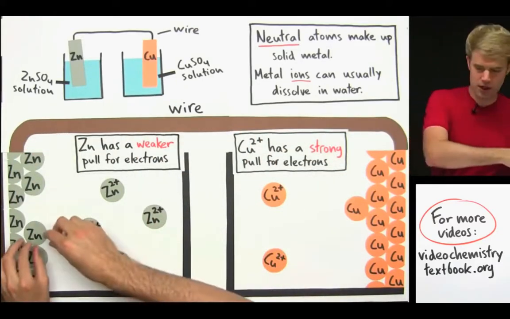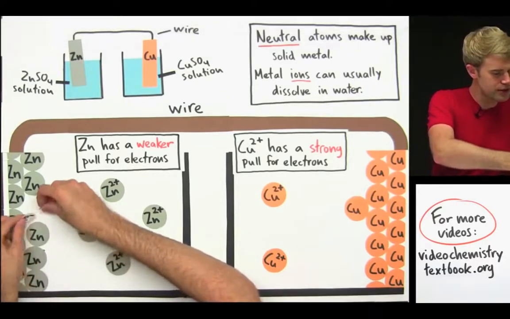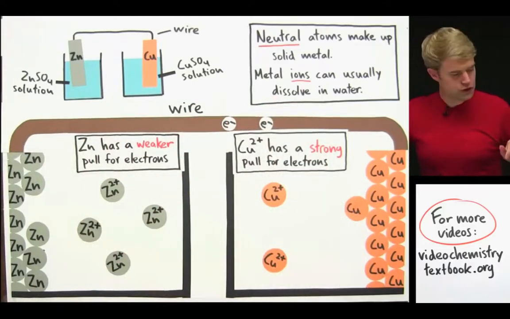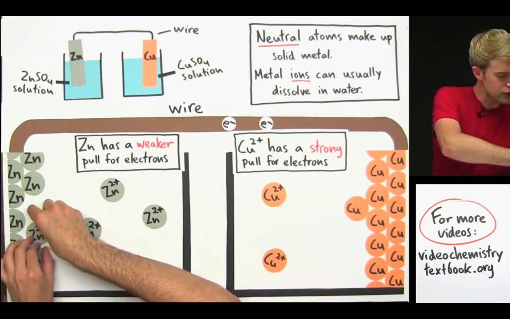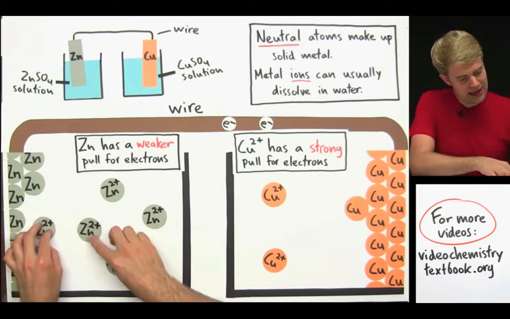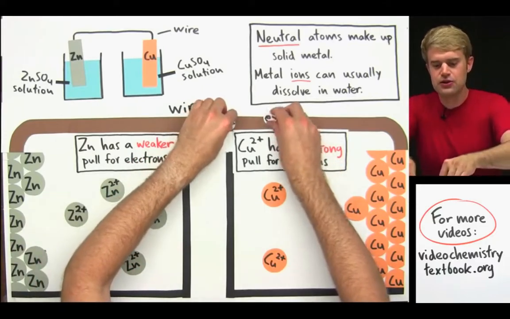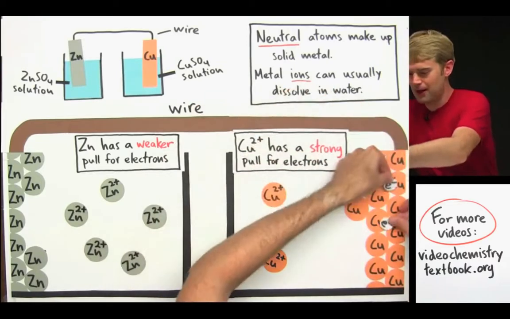Let's see that one more time. So zinc loses two of its electrons here. Those move through the wire. Loss of those two electrons causes zinc to take on a 2+ charge. It is then going to dissolve in the solution. These two electrons are going to move over here to copper.